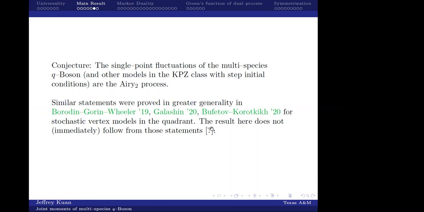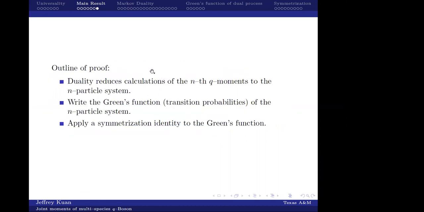Okay, so the rest of my talk is devoted to proving this. I have three sections, spanning five papers. The first step is to use Markov duality. That reduces calculations of the nth Q moments to the n particle system. Initially you have a system with infinitely many particles, but you can reduce the calculations to a finite particle system.